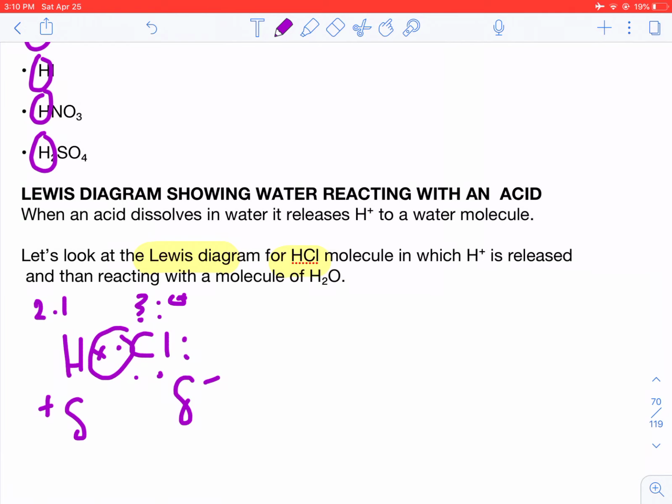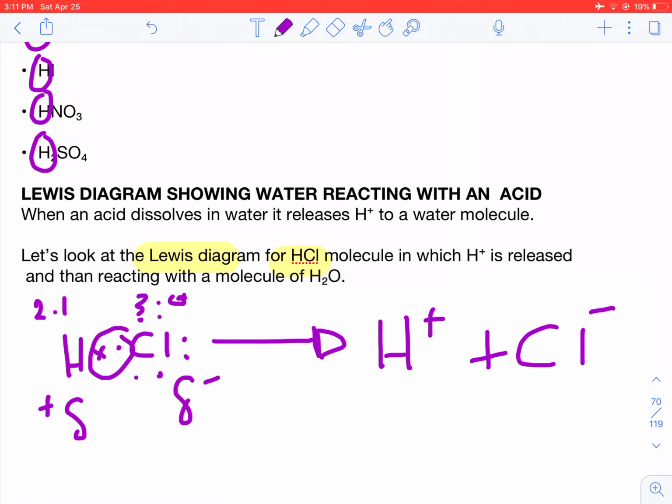It's just that one end is slightly negative and the other end is slightly positive. But when these molecules are dissolved in water, we know that water is a polar substance as well, and then the HCl becomes H plus and Cl minus.